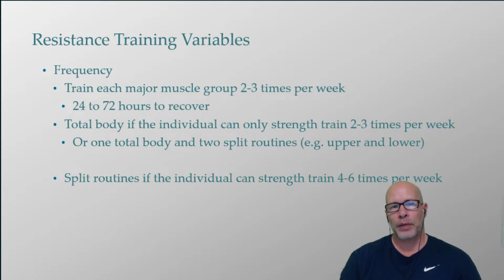This could be beneficial mentally because some people just don't want to train their whole body every single session, and it's mentally relaxing knowing that you can go into a session where you're only training part of the body. Another advantage is that on the days where you're just training part of your body, you can put in some more volume, which means that your total weekly volume may be a little bit higher by doing it this way. And then if the individual has the time and desire to train 4 to 6 times per week, that's when you really want to split things up. For example, train lower body twice a week and upper body twice a week.